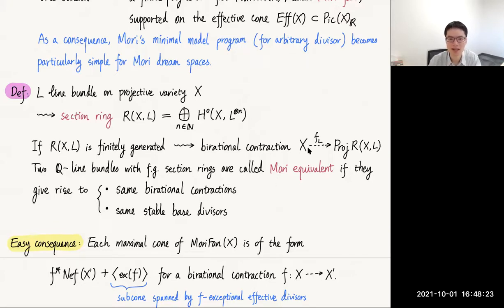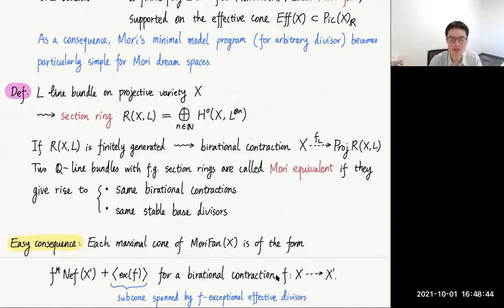If you think about when two line bundles are Mori equivalent, we see that they should give rise to the same contraction.